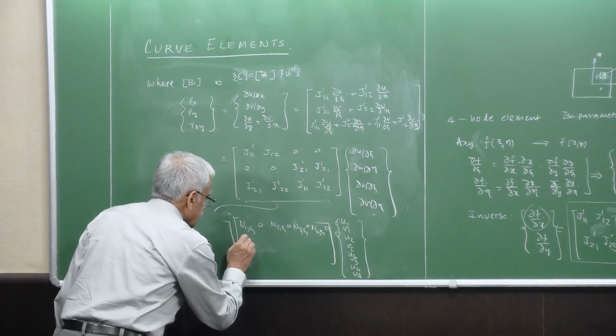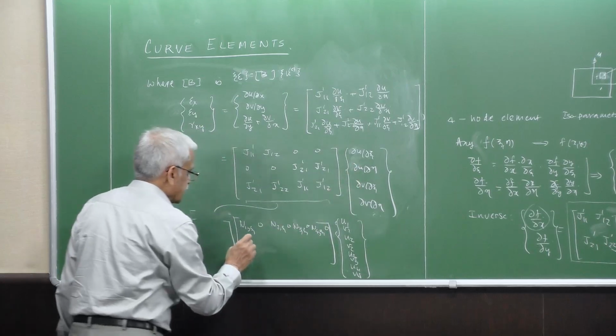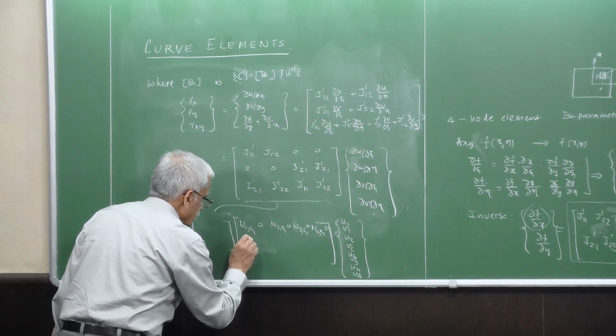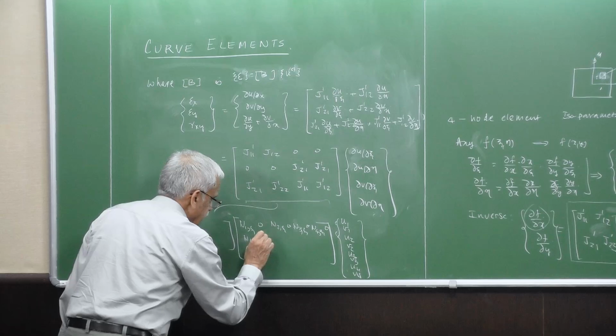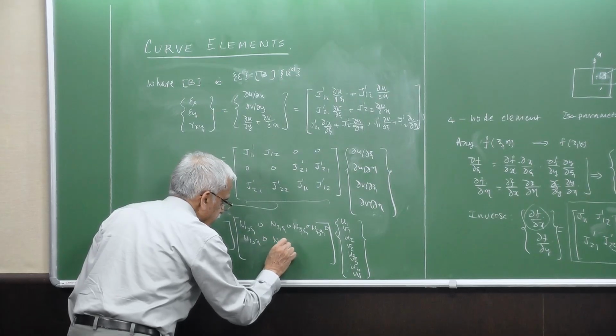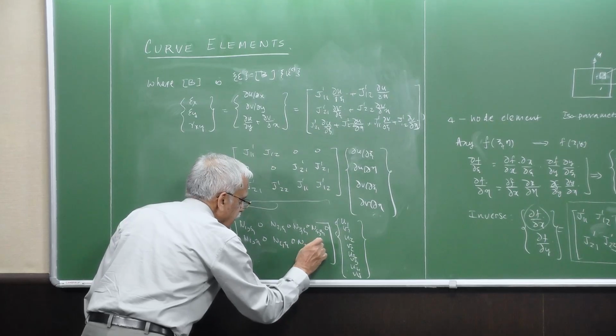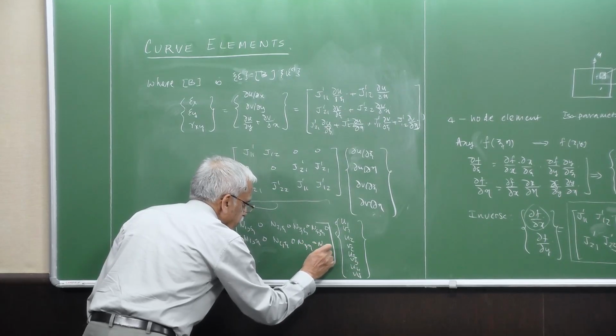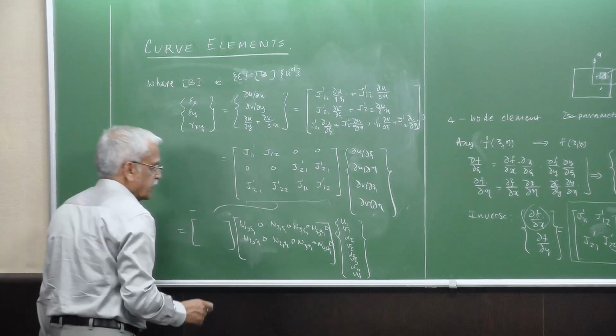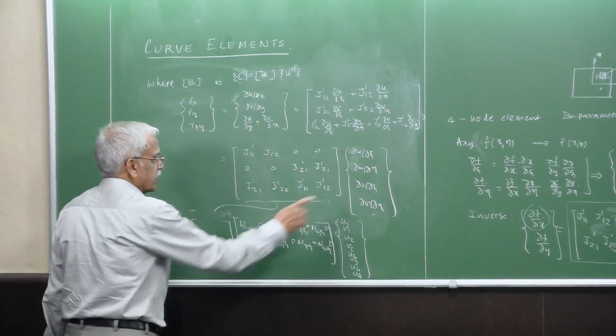Similarly here I want u with eta, so the same thing: N1 eta, N2 eta, N3 eta, and N4 eta, and 0, right? So that's for this one.